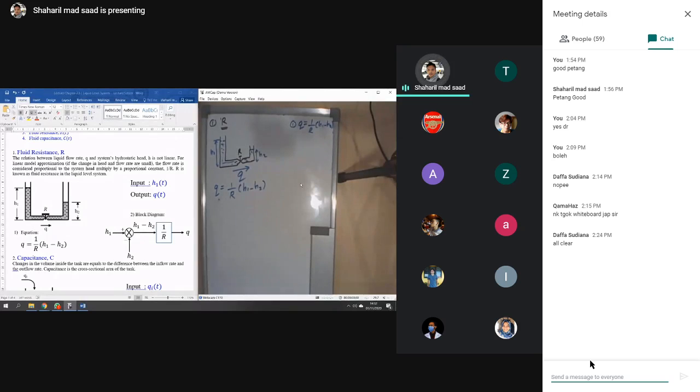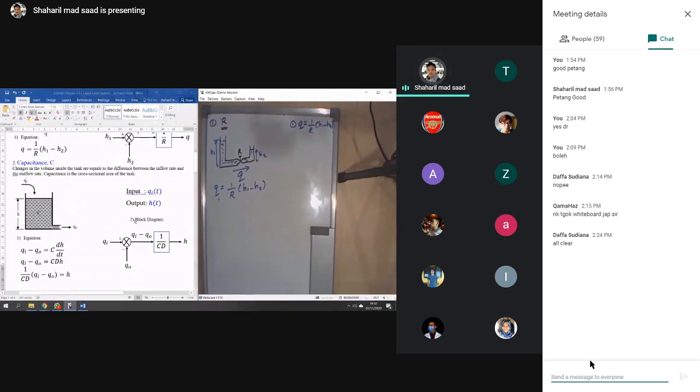So you can see that in the block diagram. And then another one, you have the capacitance. It will be like this one. You will have a certain H here, and this will be your capacitance C, the capacity of the water.